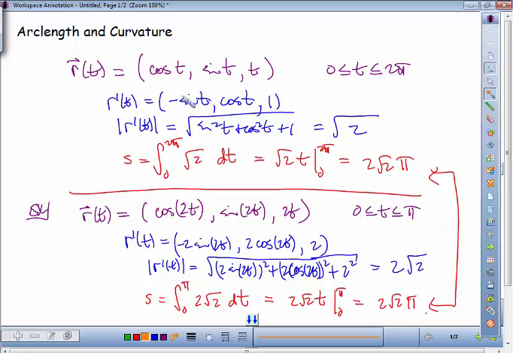So the helix that we were looking at, we can look at either of these because they both give us the same answer. They both gave us the same arc length. So let's just choose this first one over here.